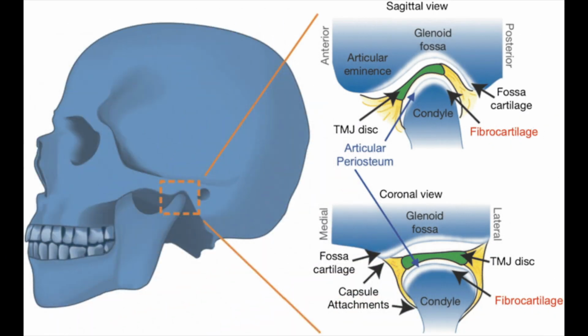A similar situation you will find in TMJ, the temporomandibular joint. There also the articular cartilage is not hyaline cartilage, it is fibrocartilage on both the surfaces. And TMJ is a condylar joint. A more peculiar thing you'll find is in the sacroiliac joint.